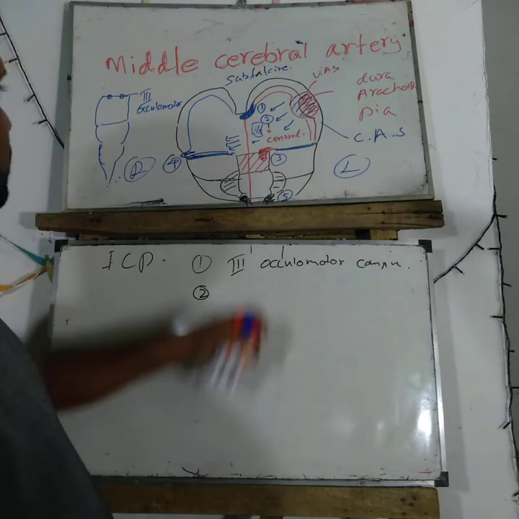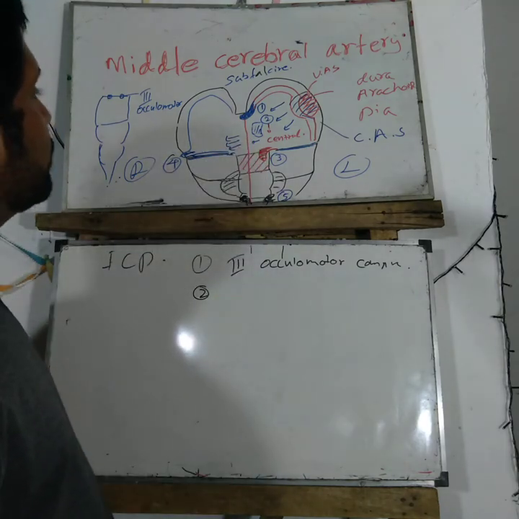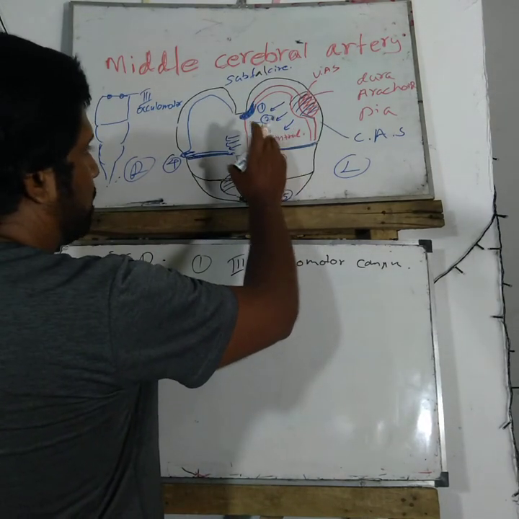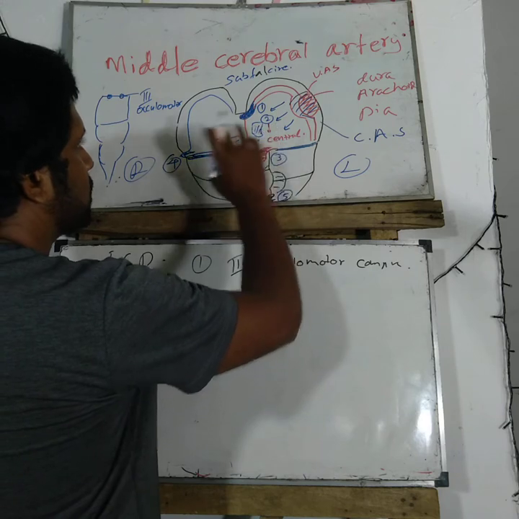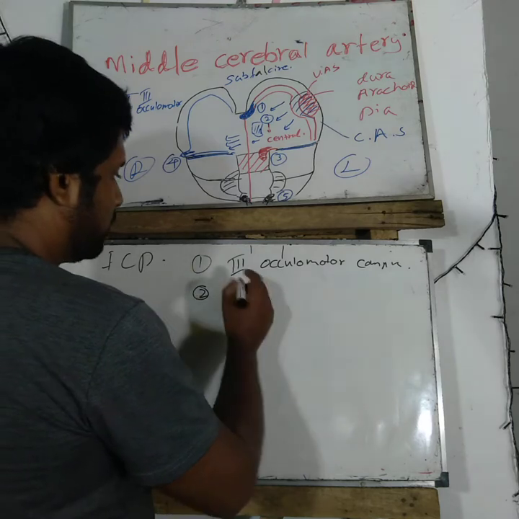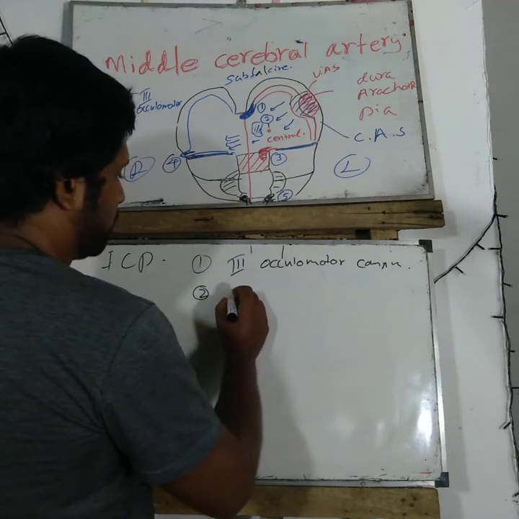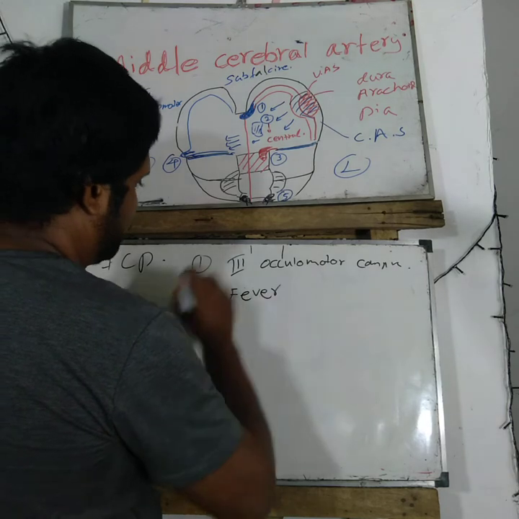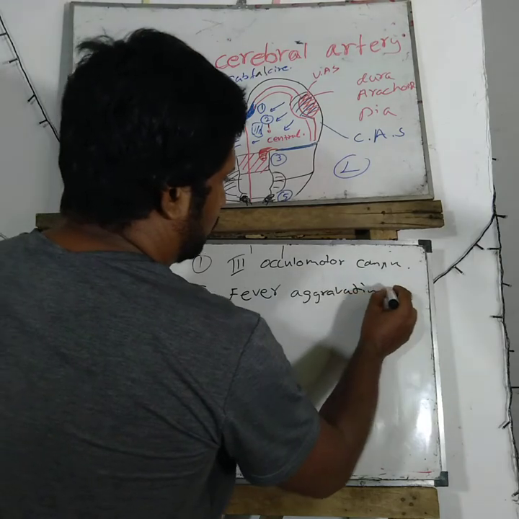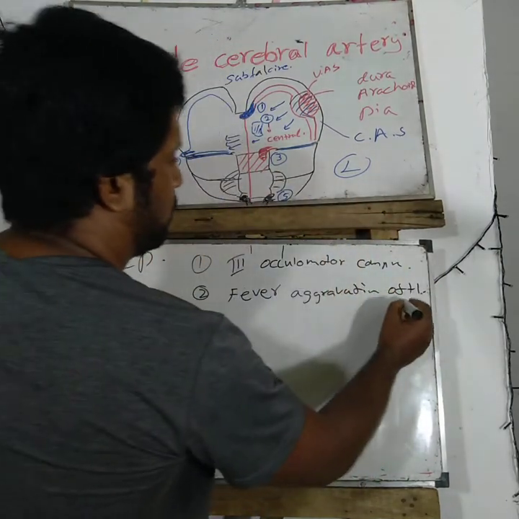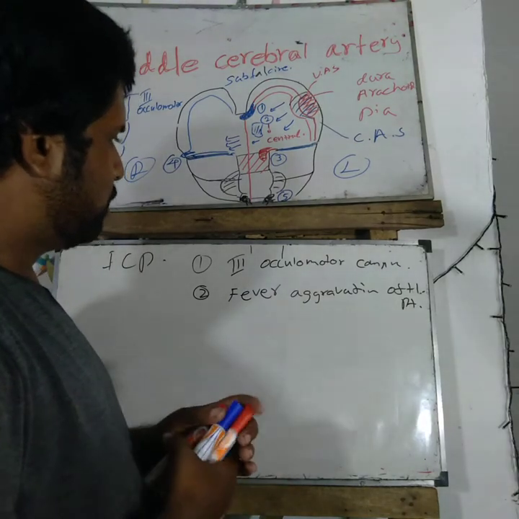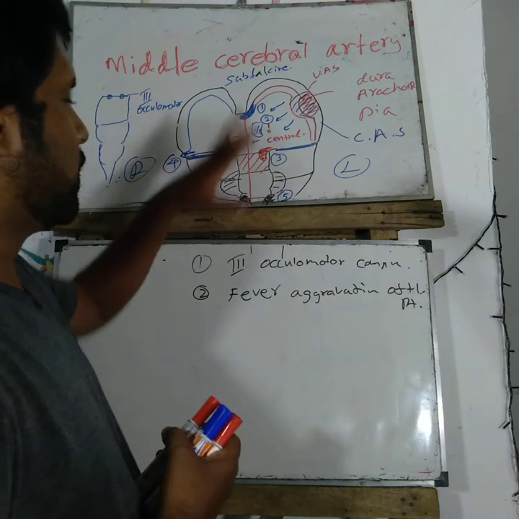The second one is how we can understand that intracranial pressure is high. Due to this reason, the parasympathetic and sympathetic supply activate inside the brain. Secondly, we can detect fever aggravating in this patient. Third, we can understand the patient's high fever.